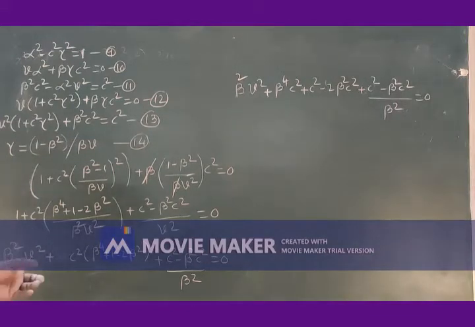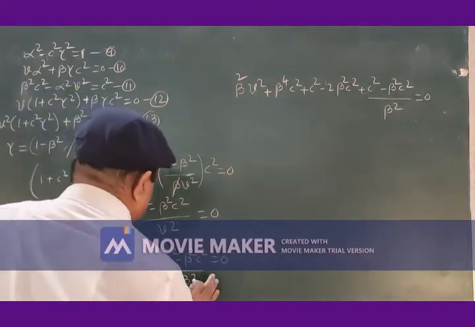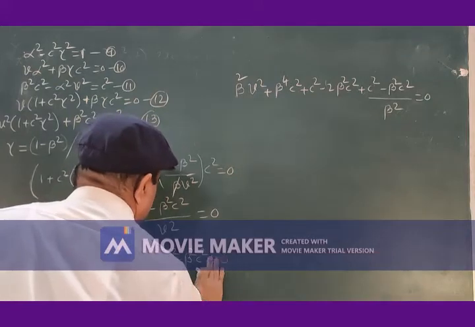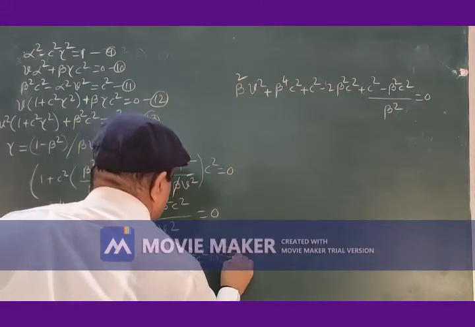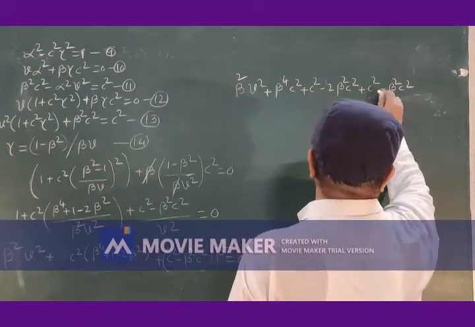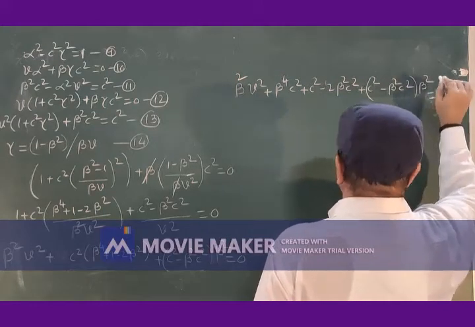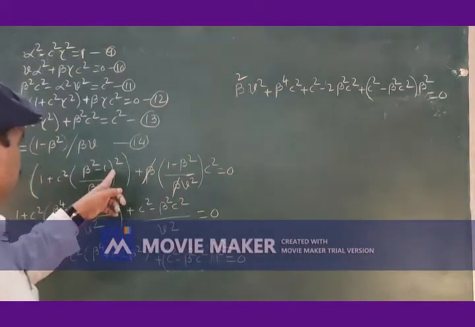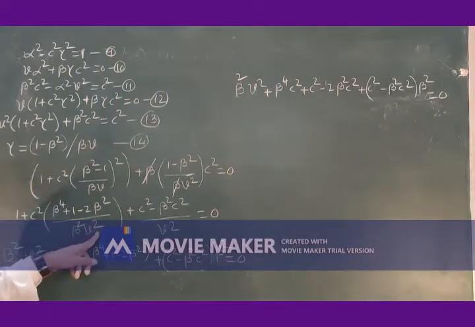And it is multiplied, so it will come here, not in the denominator. This is square, so we have to put beta square v square here.